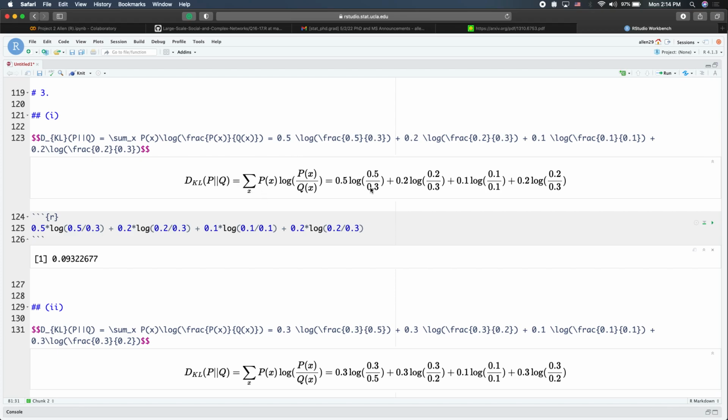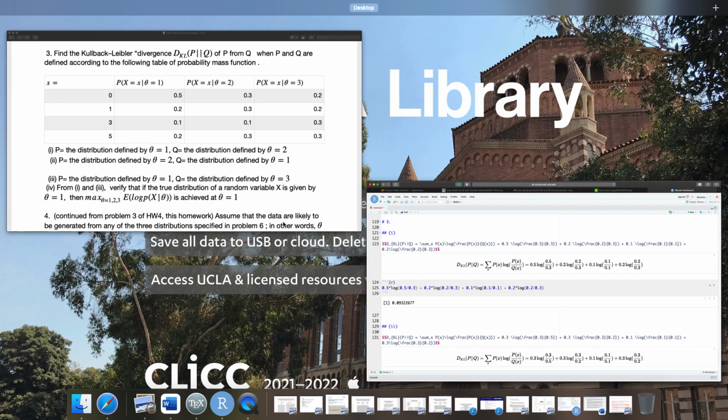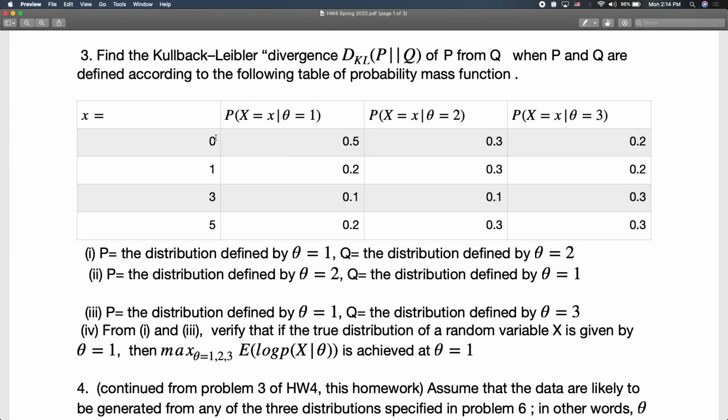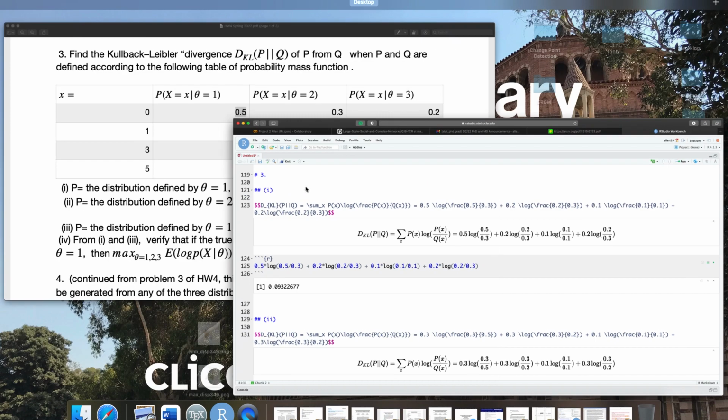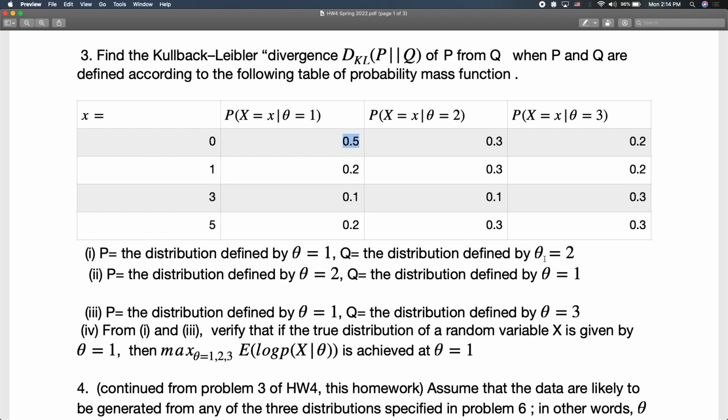So first, let's take a look at the 0. The probability of observing a 0 under the first model, when theta equals 1, is 0.5, which is this one here, and the same for the numerator in the log. And then for the second model that we are trying to compare, which is theta equal to 2, the probability for observing a 0 is 0.3.